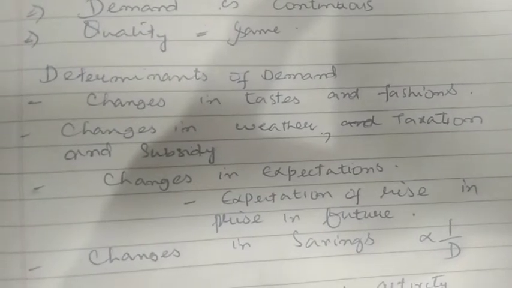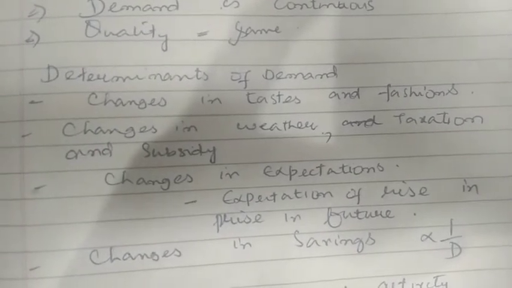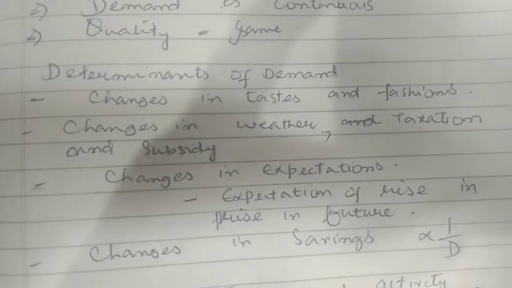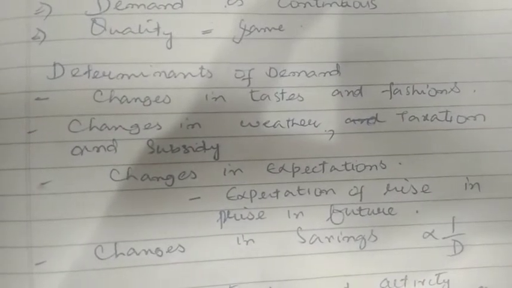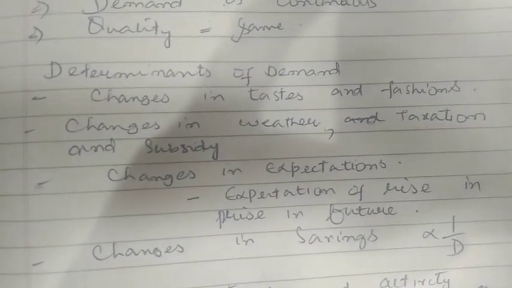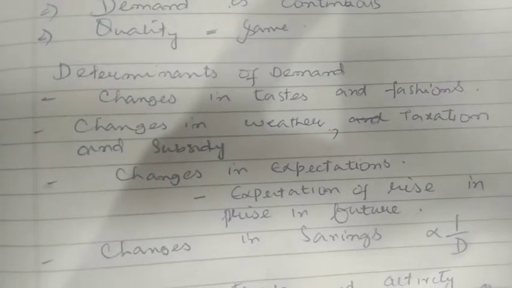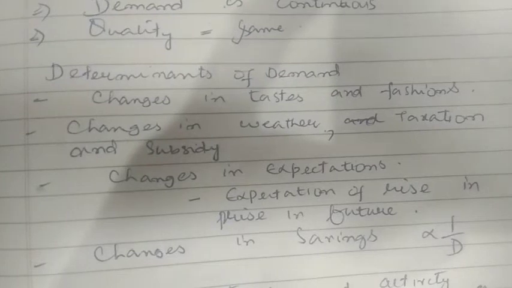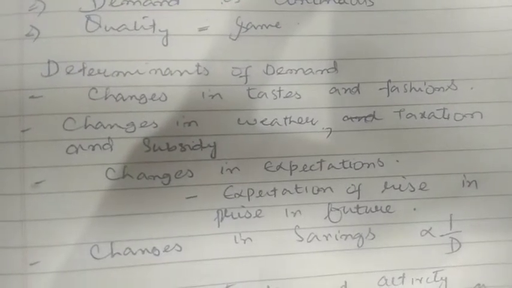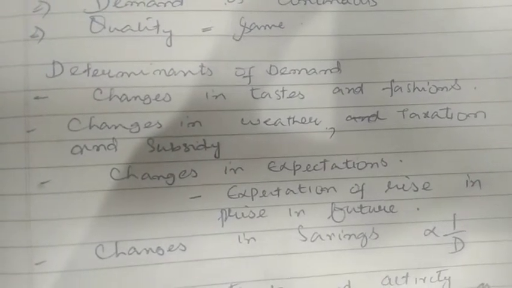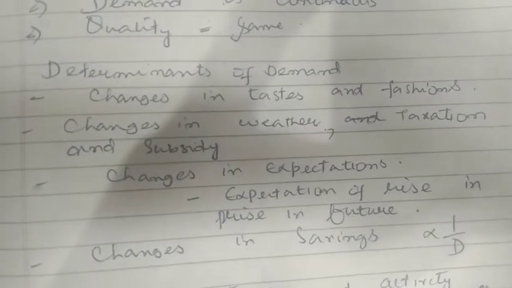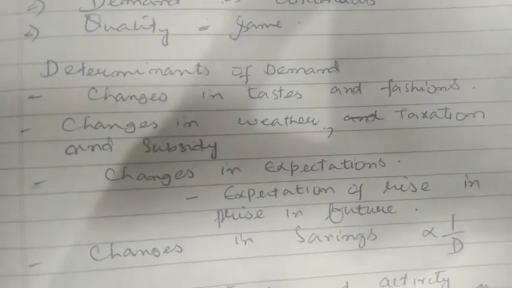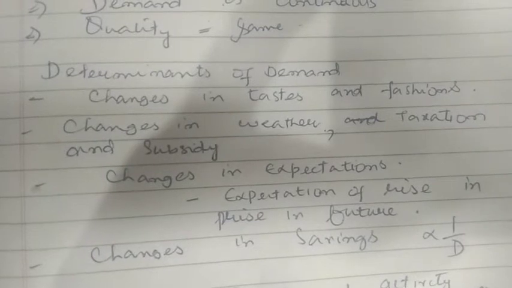Taxation. If the taxes have increased on a product, for example, from 28% to 32%, the quantity demanded will obviously go down. Or subsidy, like if a gas cylinder is 1100 and suddenly becomes 800 rupees, you will buy more.